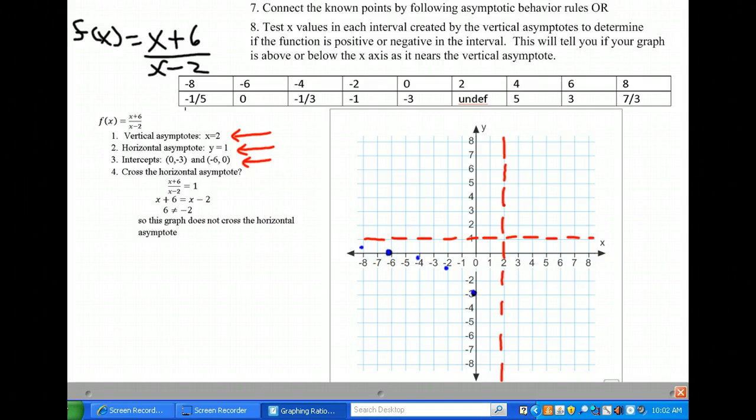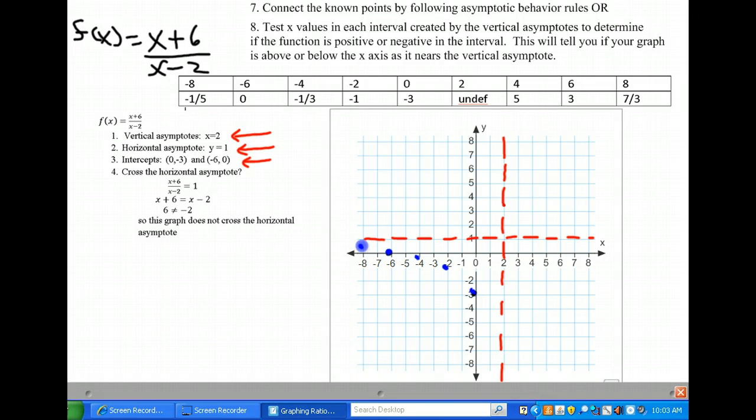Okay, I've now taken the liberty of plotting some of the points from our table. And you'll notice that I plotted negative 8, 1/5, which was here, negative 6, 0, which was actually our x-intercept, negative 4, negative 1/3, negative 2, negative 1, and finally 0, negative 3.